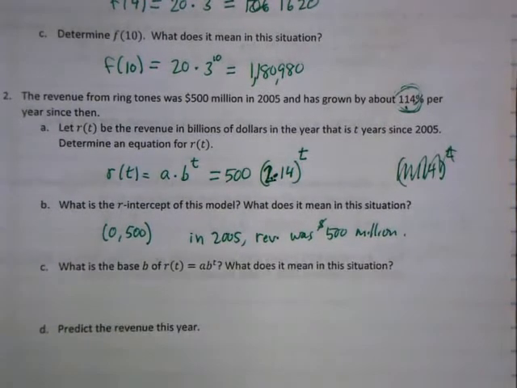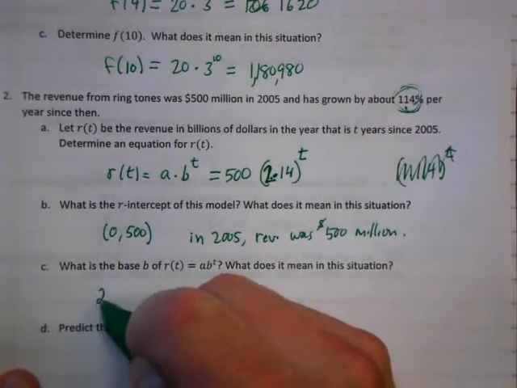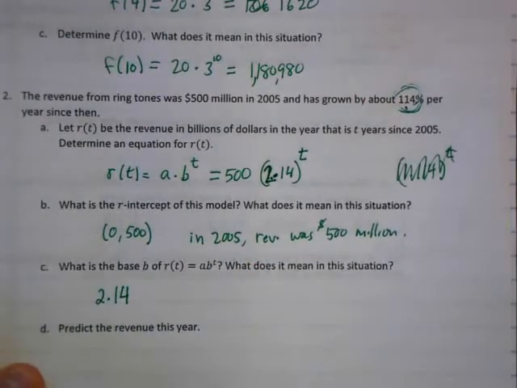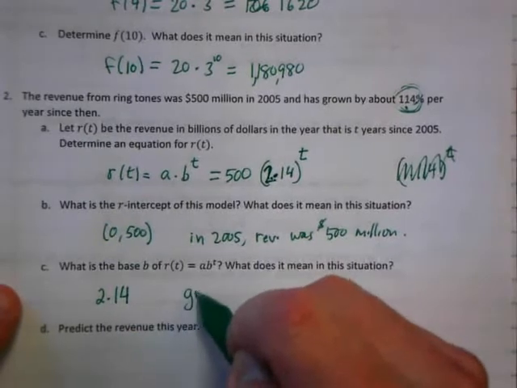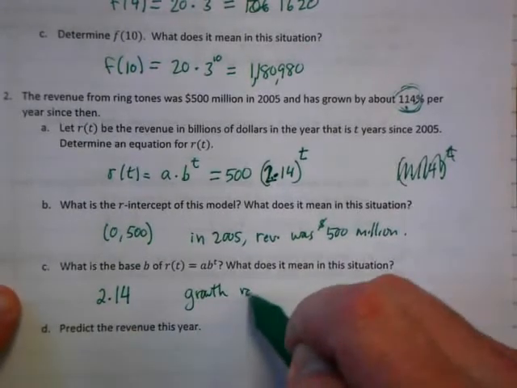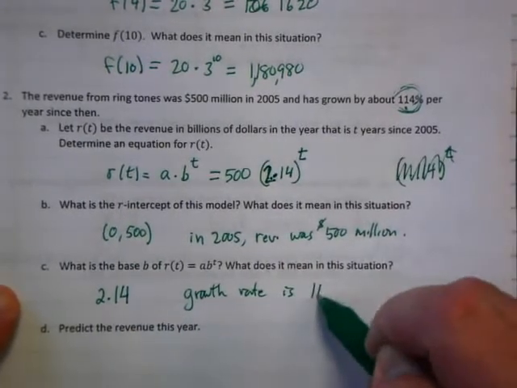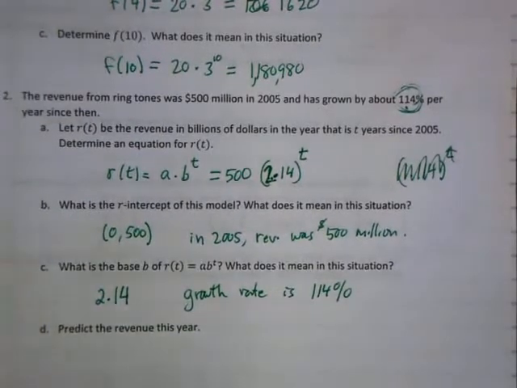What is the base b? The base b is 2.14. And what does it mean? Growth rate is 114%.